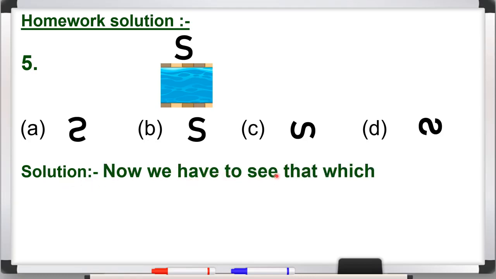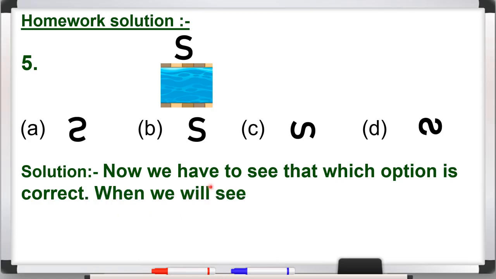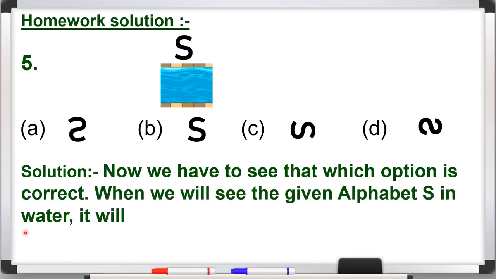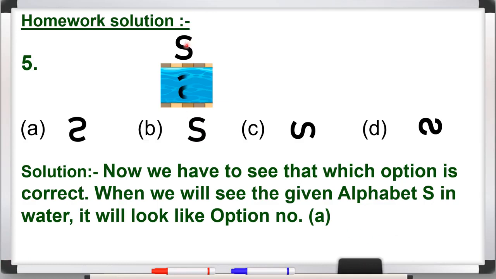Now we have to see which option is correct when we see the given alphabet S in water. It will look like option number A. Okay, जब हम इस इमेज को इस वाटर में देखेंगे तो हमें इस तरह से नजर आएगी बेटा. क्लियर? सो ऑप्शन नंबर A is correct.